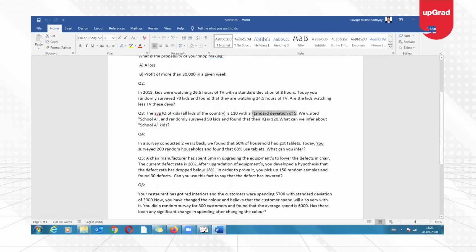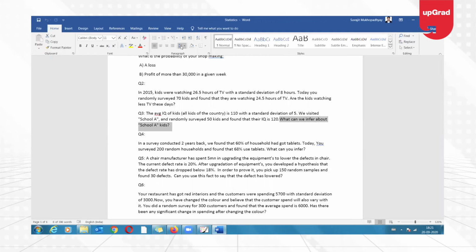Fair enough. So we visited a particular school, which we are calling school A, and we randomly surveyed 50 kids within that school and found out that their IQ is 120. So what can we infer about school A kids?